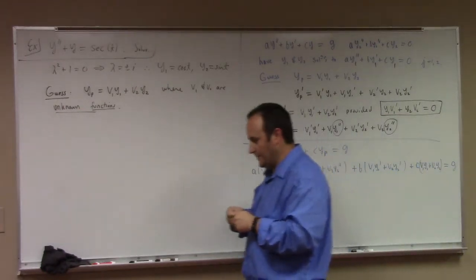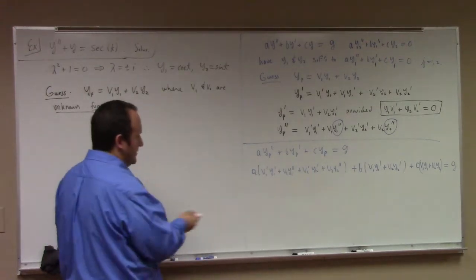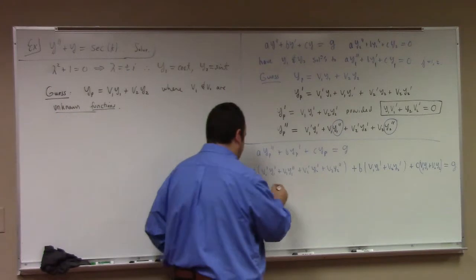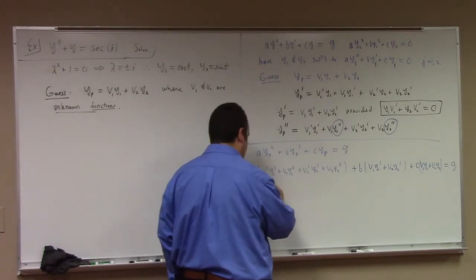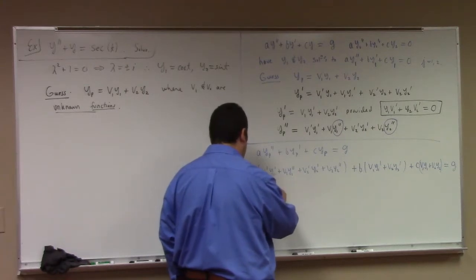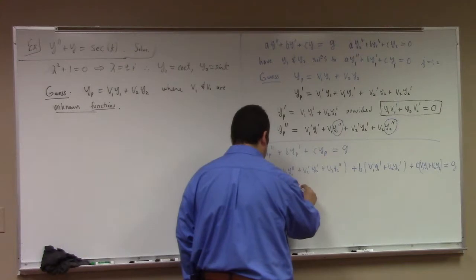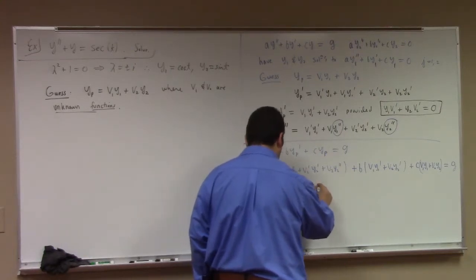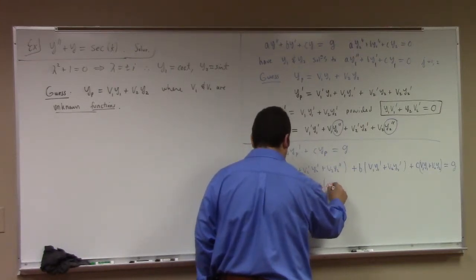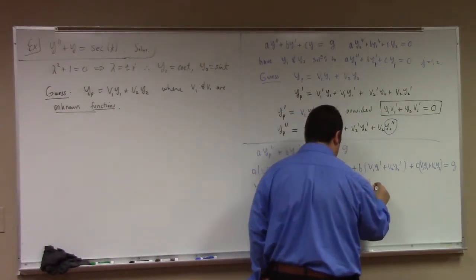Now the beautiful thing that happens here that I was about to just mangle is something very nice. We can factor out: you've got V1 terms, V1 times A Y1 prime prime plus B Y1 prime plus C Y1. And you've got a V2 times A Y2 prime prime plus B Y2 prime plus C Y2.